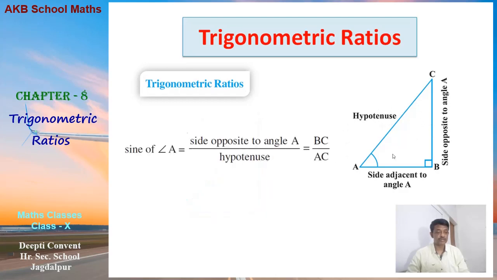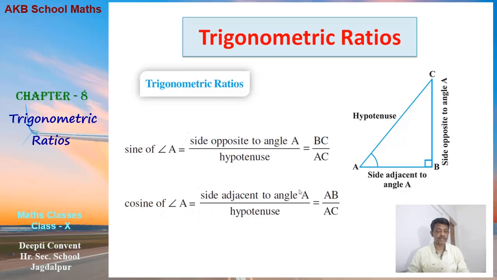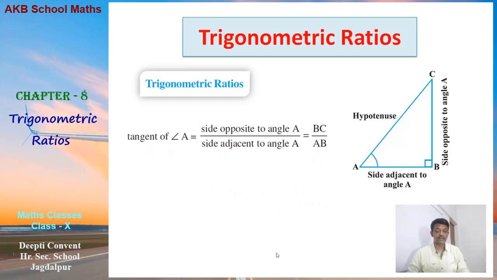So ratios are defined by taking the lengths of any two sides. Suppose this is the triangle, then sine of angle A equals BC by AC, that is perpendicular by hypotenuse, the side opposite to angle A. Similarly, cosine of angle A is defined as base by hypotenuse, that is the adjacent side of angle A. Tangent is the opposite side of angle A and the adjacent side of angle A, meaning perpendicular by base.